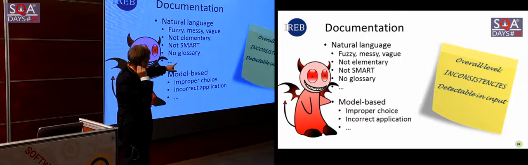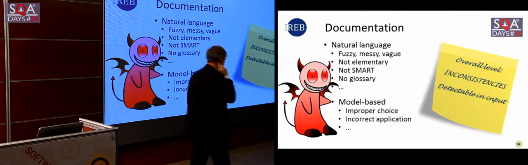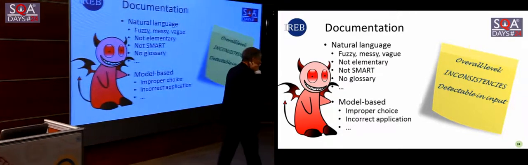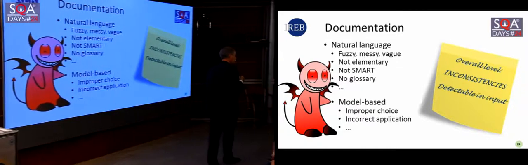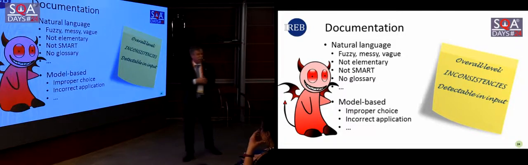Oh, well, by the way, on the overall level of the requirements, there are the inconsistencies, of course. But these are things that you, as a tester, can detect. These are things that are tangible. So they're bad, but you can capture them.